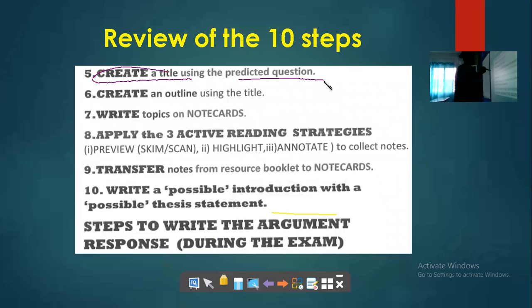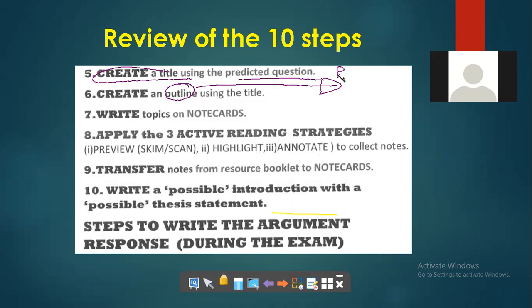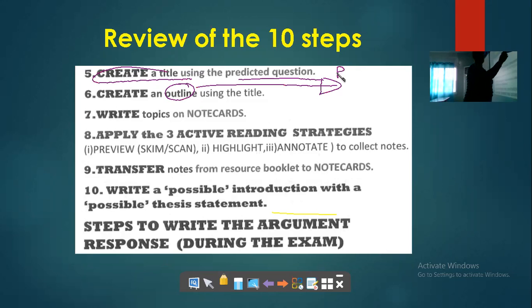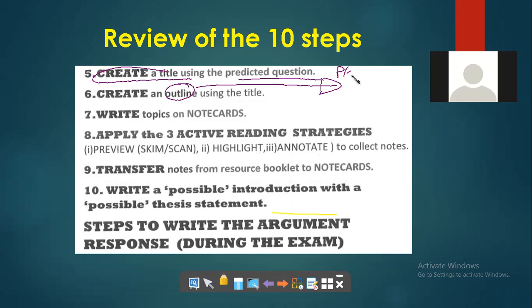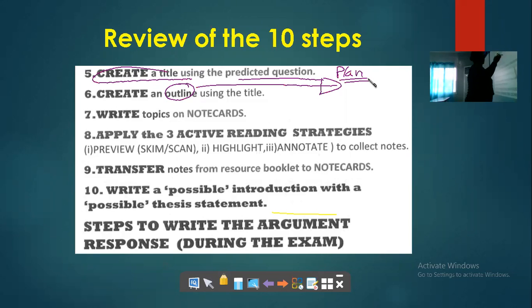So from this page, you are going to create an outline. So what is an outline? What's another word for outline? Guide. Plan, yes, okay. So we are identifying what's the possible question so that we can create our outline.